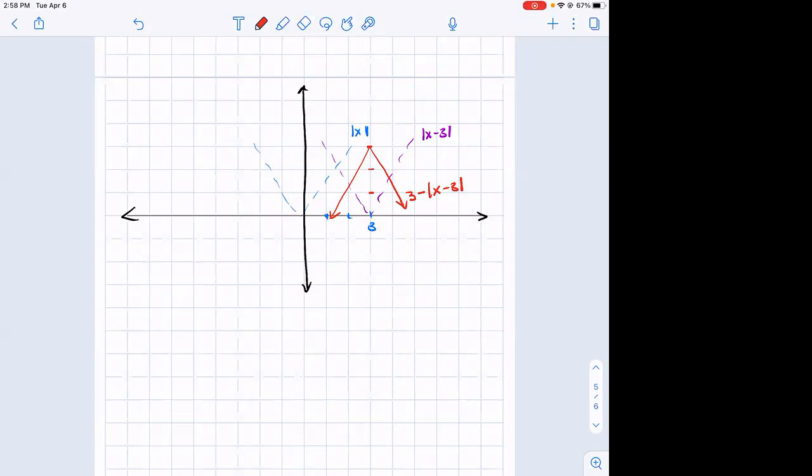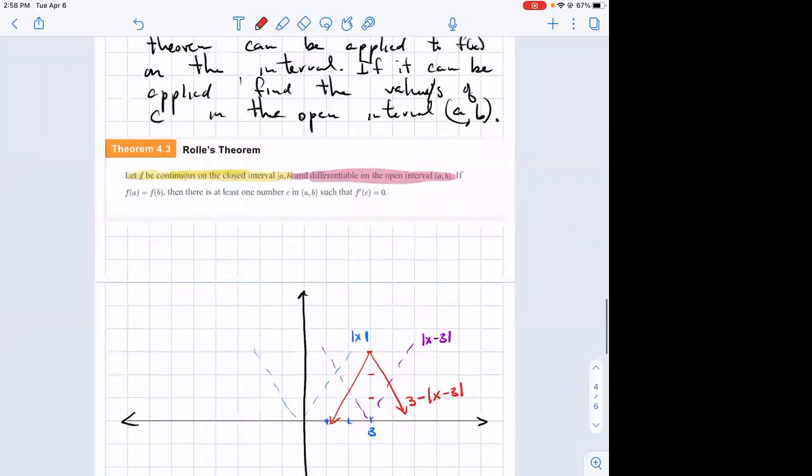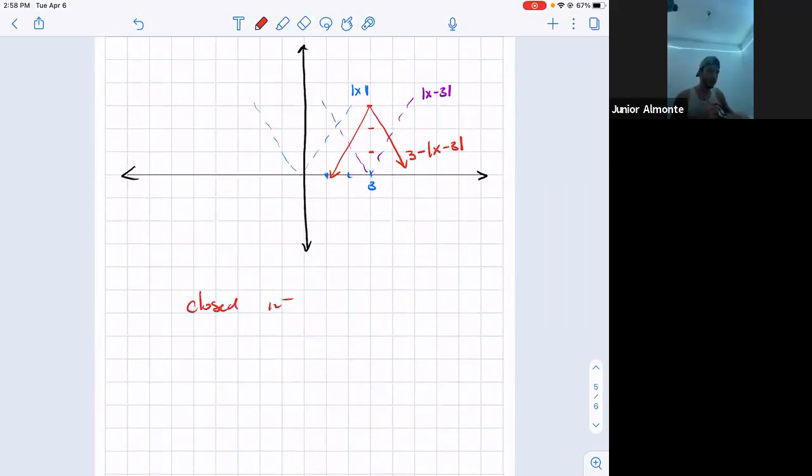What value of x is this function not differentiable on? 3, yes, 3. What is the closed interval here? Your closed interval is 0 and 6.